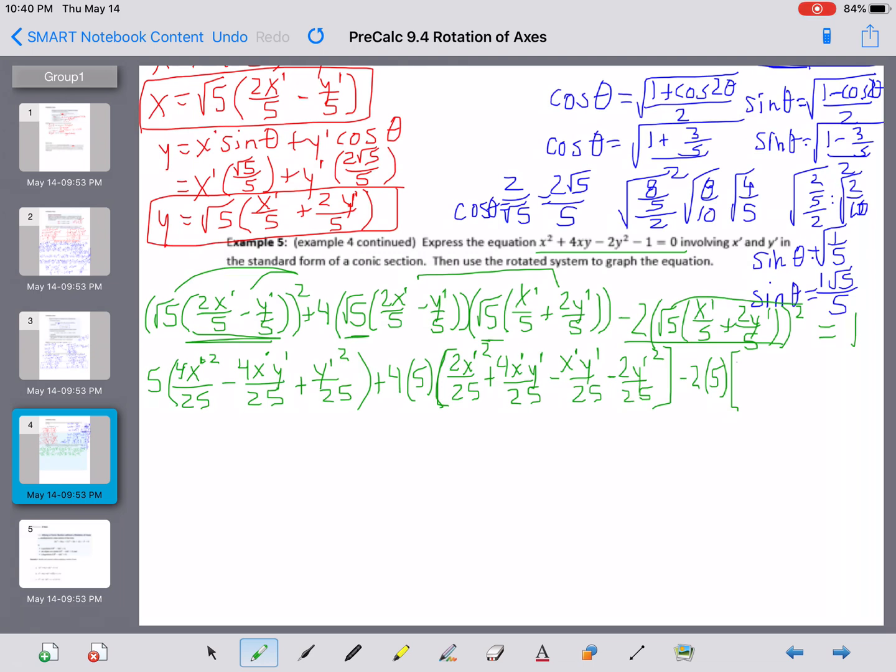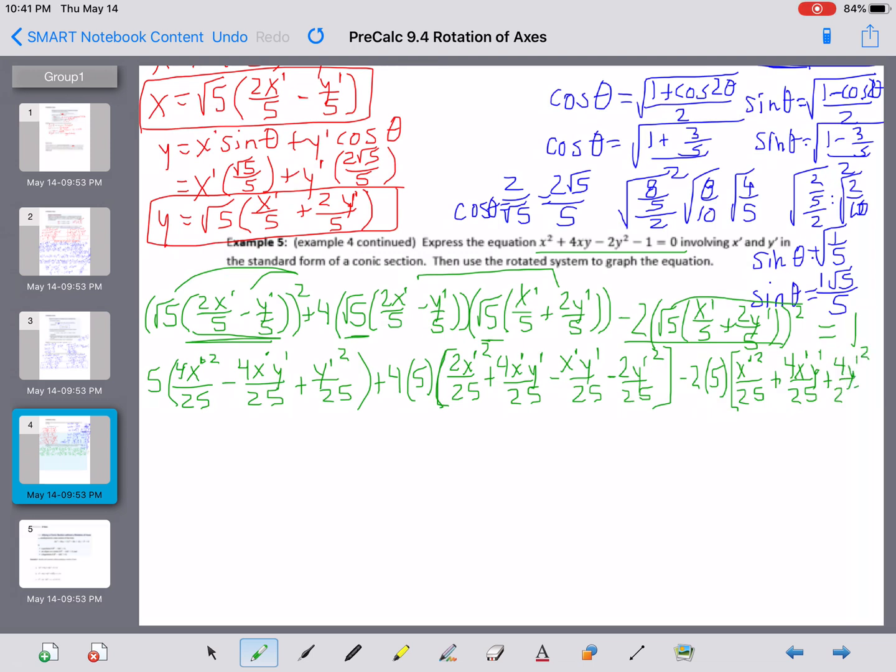Two middle terms will make 2 of the 2x prime y prime over 25. So 2 of them will be 4x prime y prime over 25. And squaring that last term will make it 4y prime squared over 25. And the whole thing equals 1.